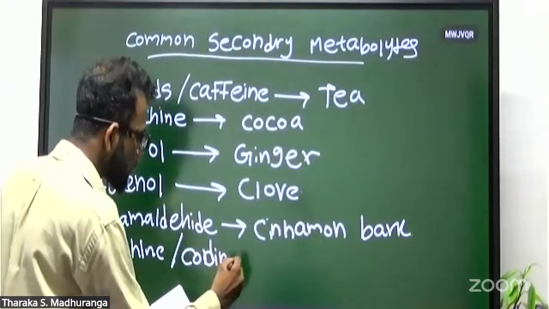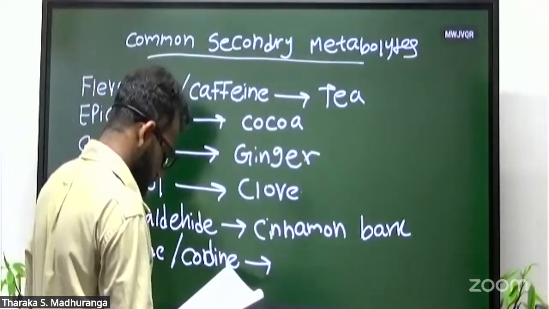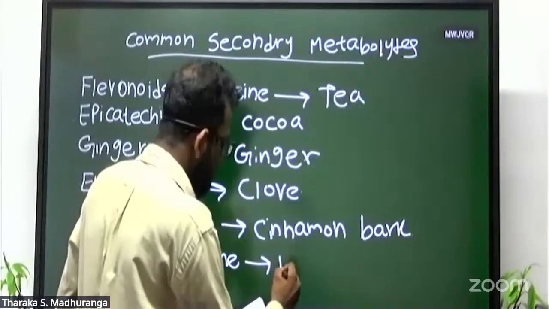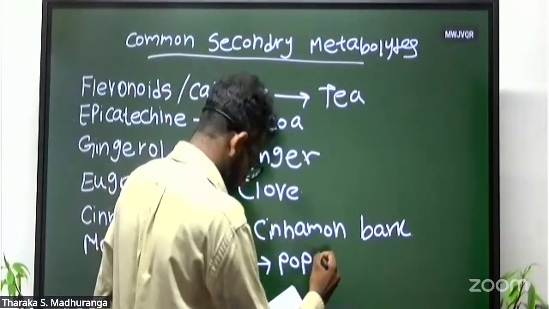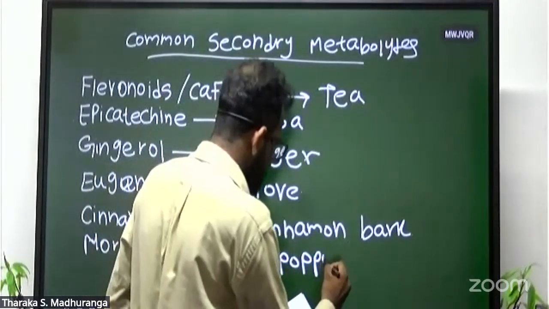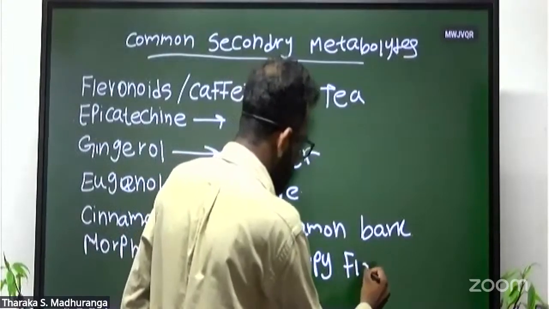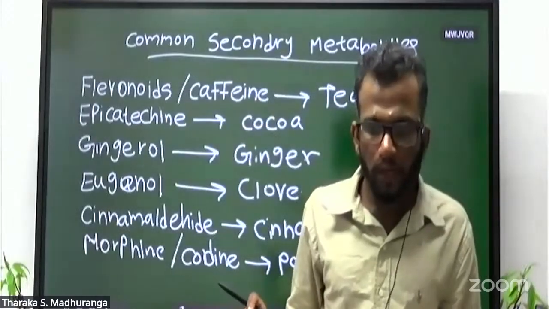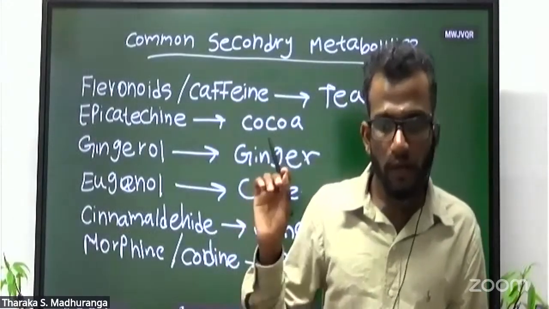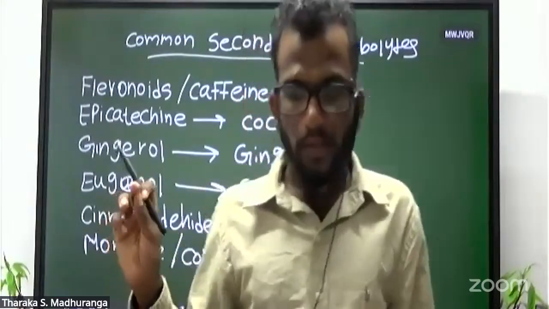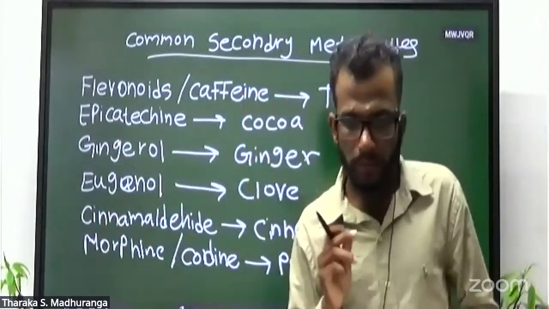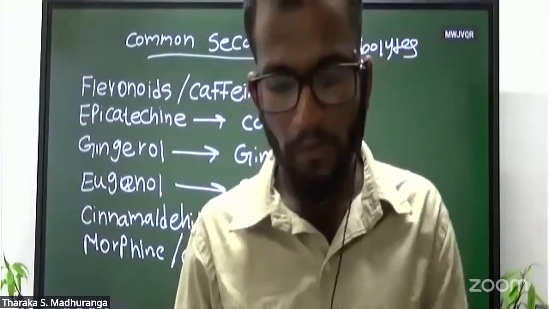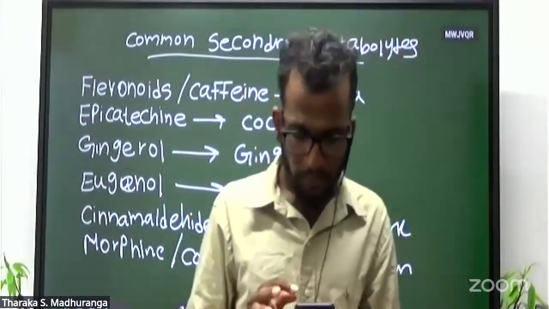Morphine and codeine are both alkaloids. Both are produced by the inflorescence of the poppy flower. Inflorescence. Do you know the poppy flower? Have you seen it? I'll show you.